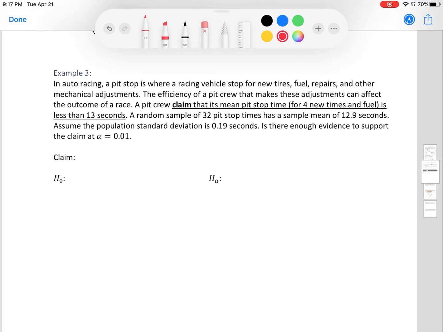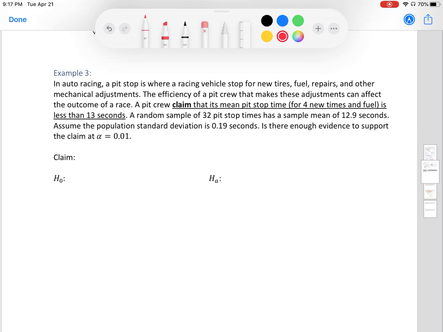All right, let's go ahead and put everything together. Let's go ahead and do example 3. So let's read the question. In auto racing, a pit stop is where a racing vehicle stops for new tires, fuel, repairs, and other mechanical adjustments.